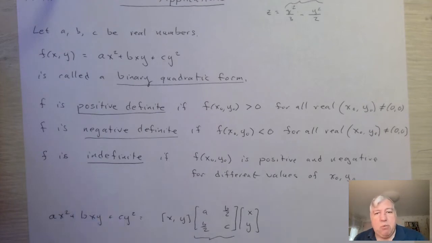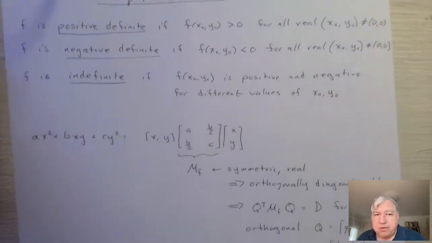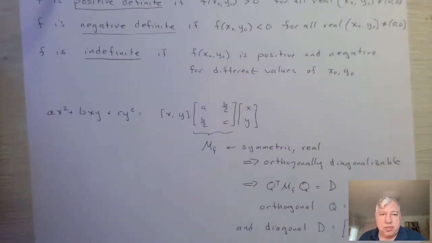We're going to see a neat way of determining if a quadratic form is positive definite, negative definite, or indefinite, just by looking at the eigenvalues of a certain matrix associated with this binary quadratic form, and it's right here.